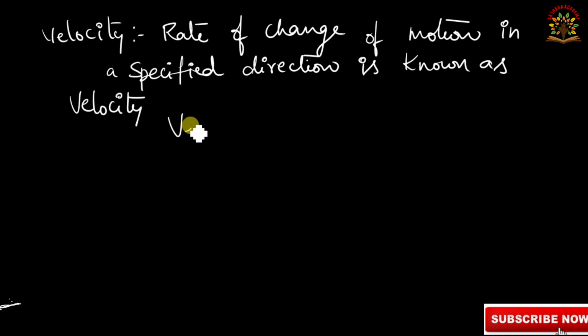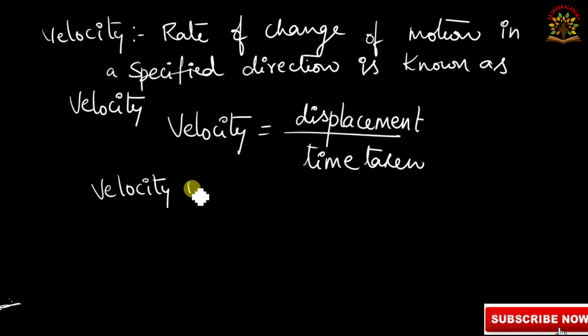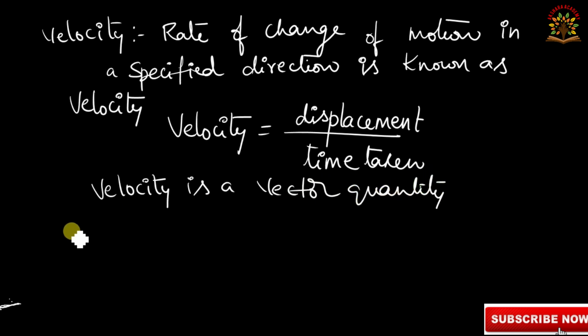Velocity is equal to displacement by time taken. Next, velocity is a vector quantity, and the CGS and SI units of velocity are the same.